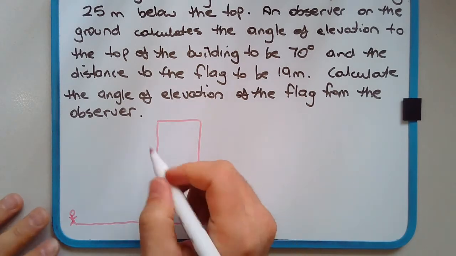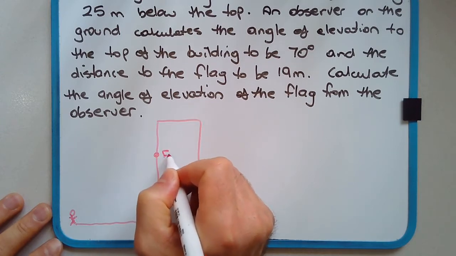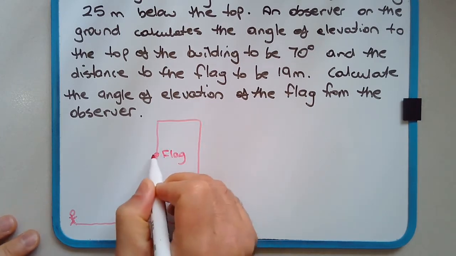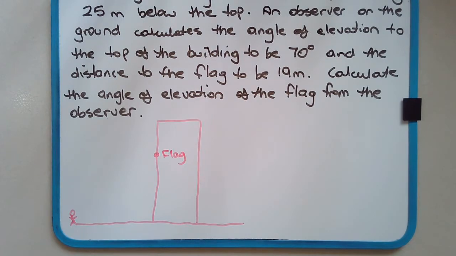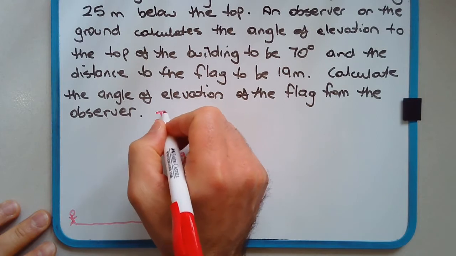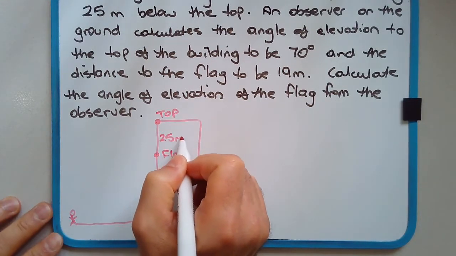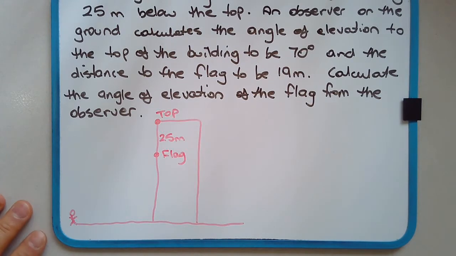So we know that there's a flag. Here's our flag, hanging on the side of the building there. It's 25 meters from the top. So there's the top of the building, and we know that there's 25 meters there. And it's not to scale, by the way. Far from being to scale, in fact.